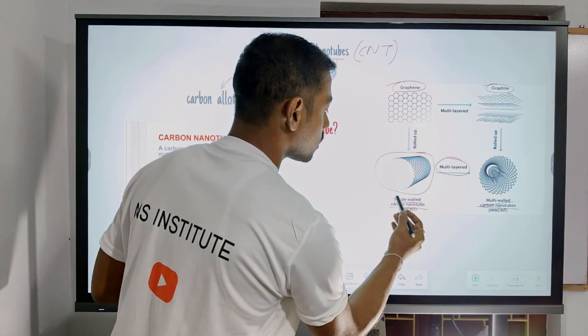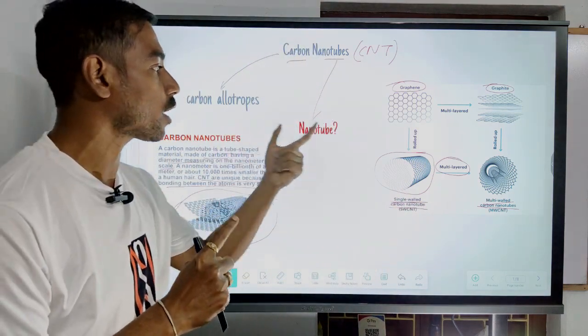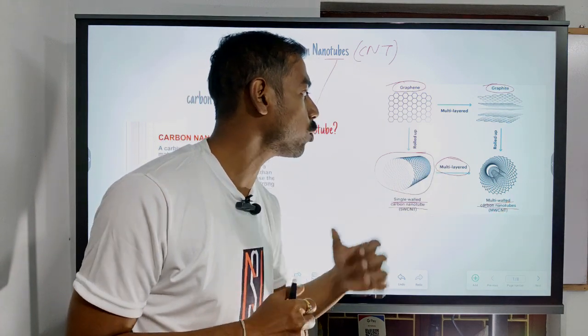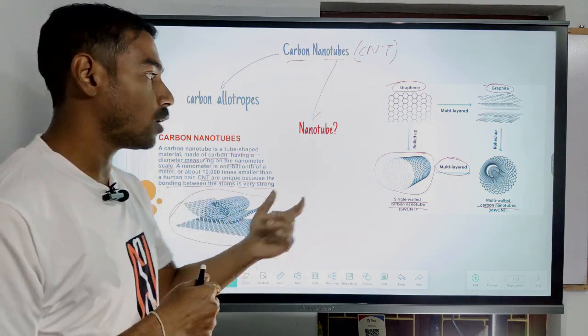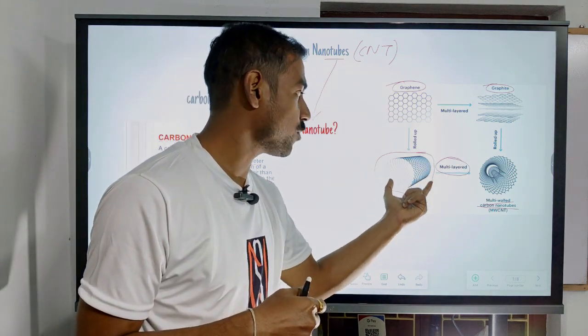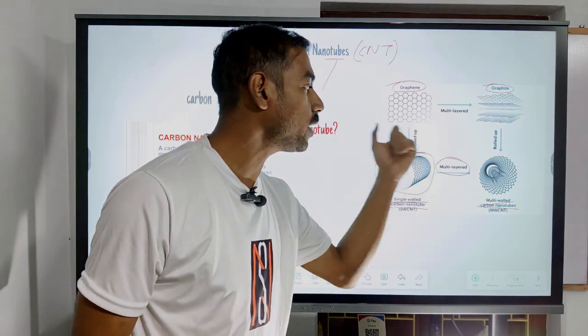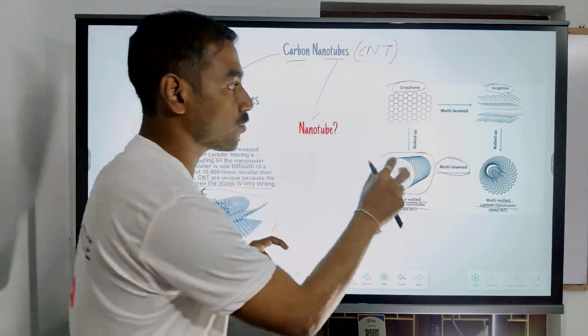So this single walled carbon nanotube consists of only one graphene sheet in the cylindrical form, whereas multi-walled carbon nanotubes consist of several graphene sheets, ranging from 2 to several tens, arranged concentrically.